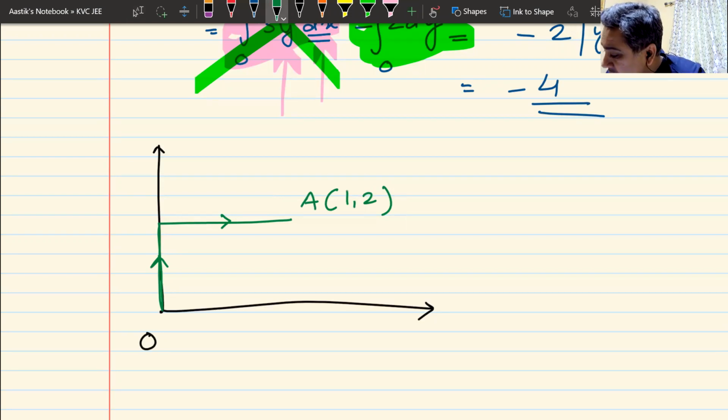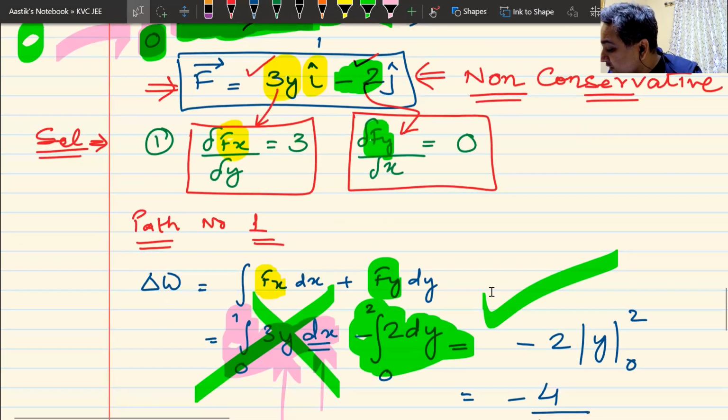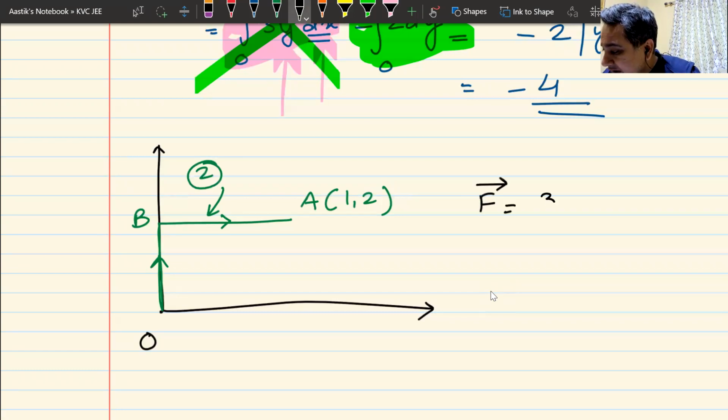This was OA. Okay, I called it C. Let me call this point B. Now you have to find out the work done in this green path. Remember, the force that I have given you is 3yi minus 2j.